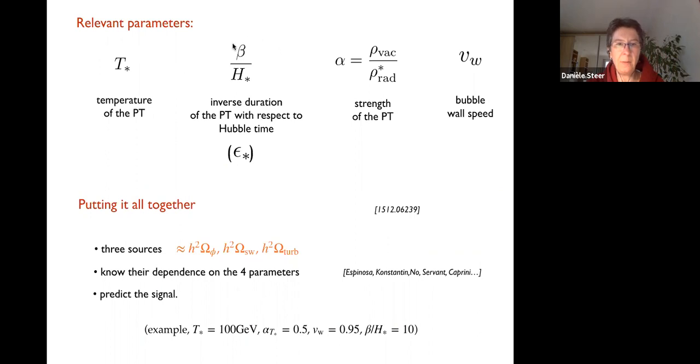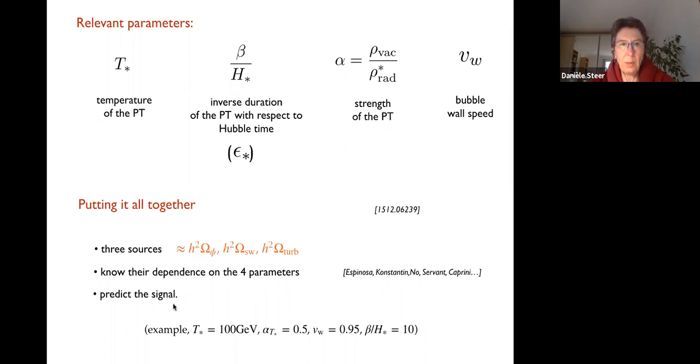There's the duration of the phase transition with respect to the Hubble time, which is basically what I was calling epsilon star. There's the strength of the phase transition. And then there's the speed at which these bubble walls are expanding, because the faster they go, as you might expect, the more they're going to stir the fluid, and the more there'll be sound waves and turbulence. So if you put all of that together, and it's a complex problem, you can calculate the dependence of these three sources on the four parameters and predict your signal.